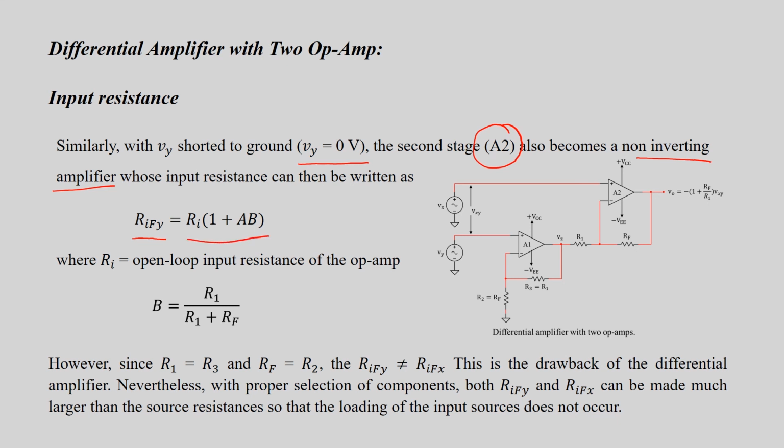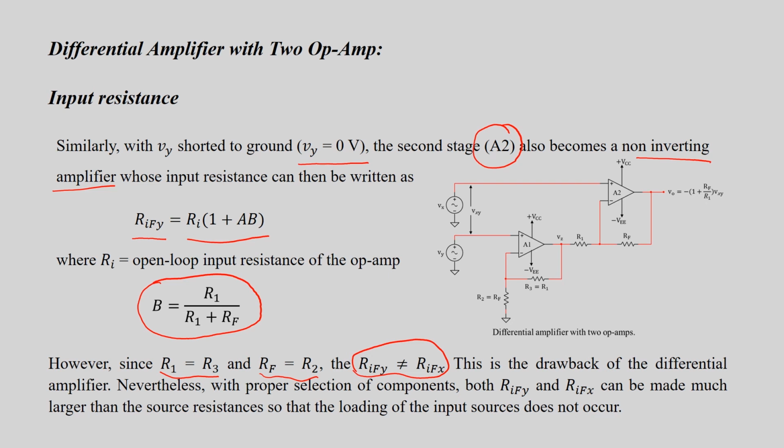Now here B is R1 over R1 plus RF. Since R1 is equal to R3 and RF is equal to R2, RIFX is not equal to RIFY. This is the drawback of this differential amplifier.